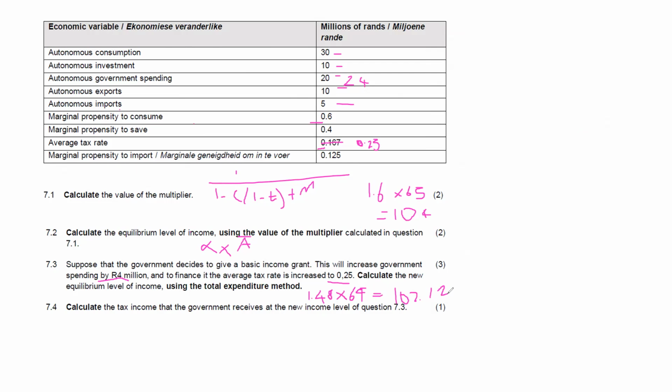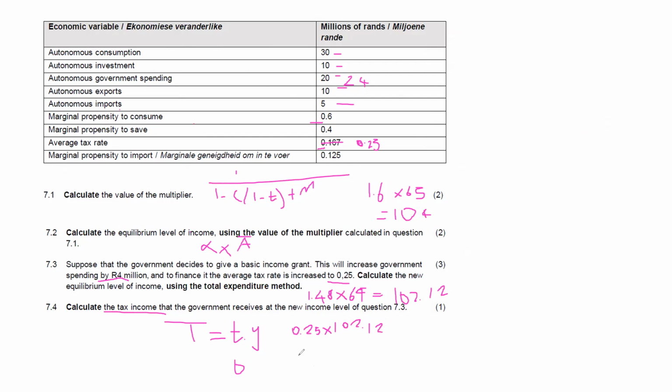Right. And then 7.4, they're saying calculate the tax income that the government receives at the new income level of question 7.3. So they want us to calculate the tax that the government will receive. Remember, to calculate the tax, we say T equals small letter t times the income. The tax rate in question 7.3 increased to 0.25. So it's 0.25 multiplied by the income you calculated here, which is 102.12.